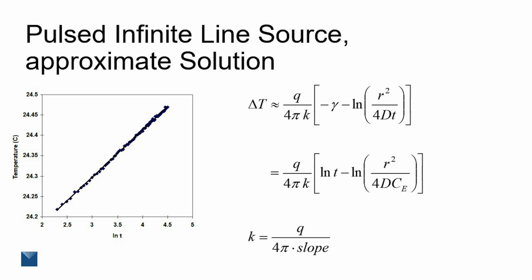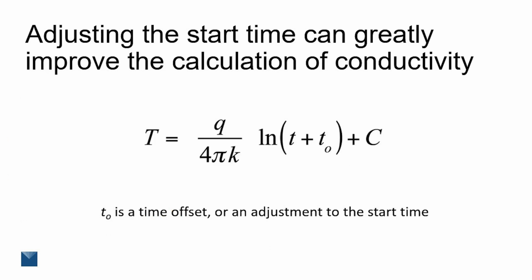We rearrange those to get the second equation to show that if we plot temperature versus logarithm of time, we should get a straight line with the conductivity equal to the power per unit length divided by 4 pi times the slope.